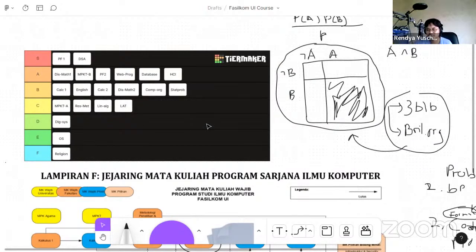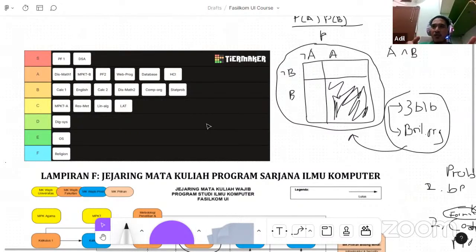I think that's the only reason we use Java for this course: we use a reference book, and it uses Java to implement things.